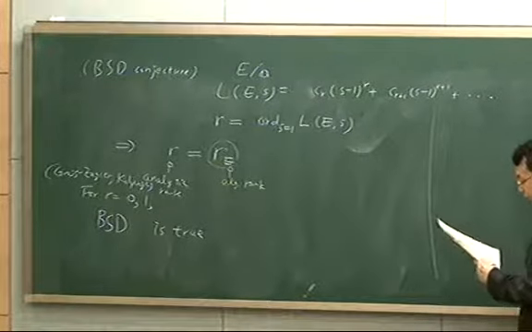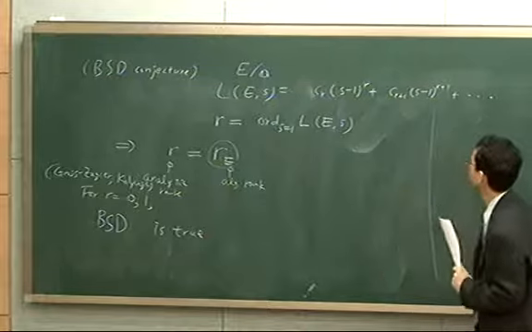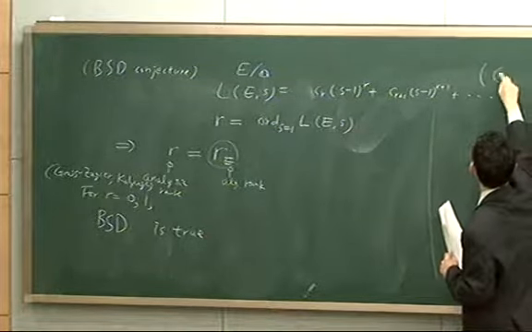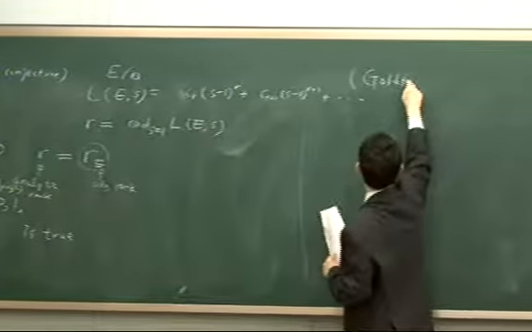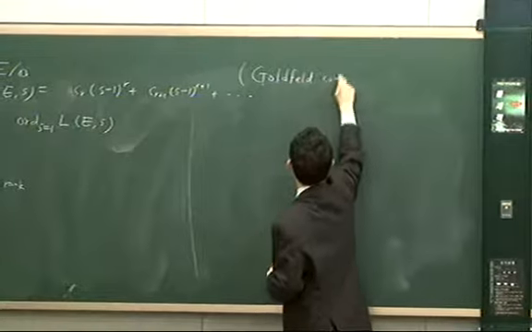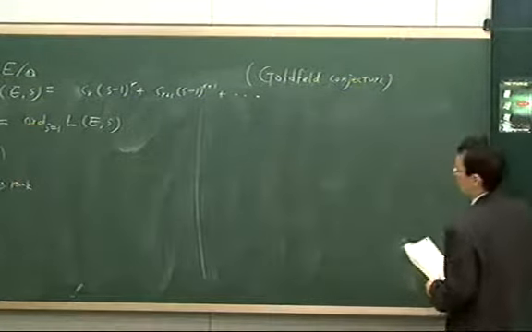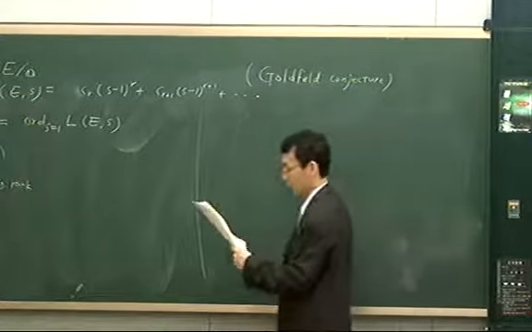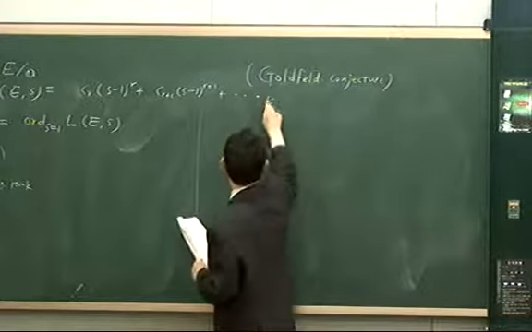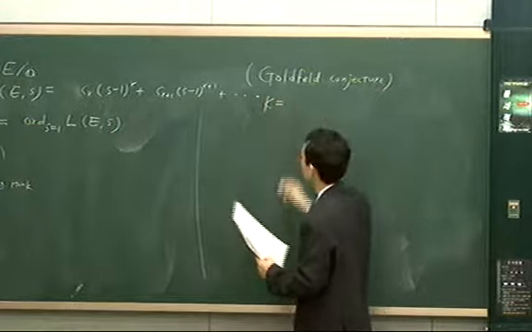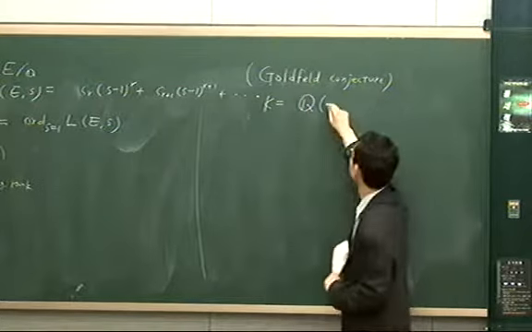So now let me introduce another conjecture which is related to rank, called the Goldfeld conjecture. To introduce the Goldfeld conjecture, let me denote some notation. Let K be a quadratic number field.